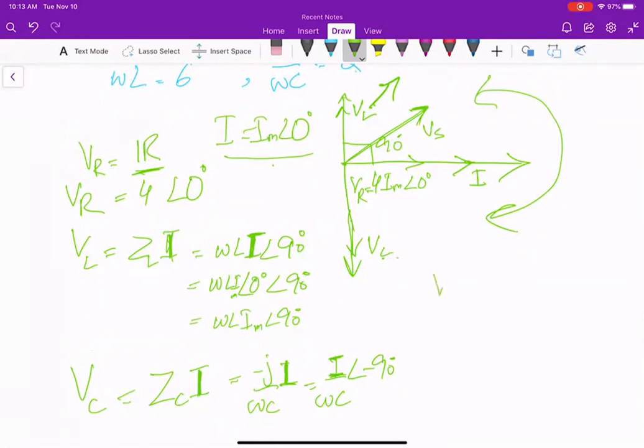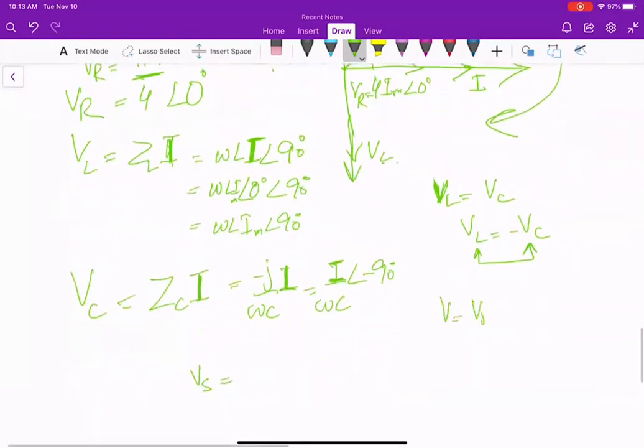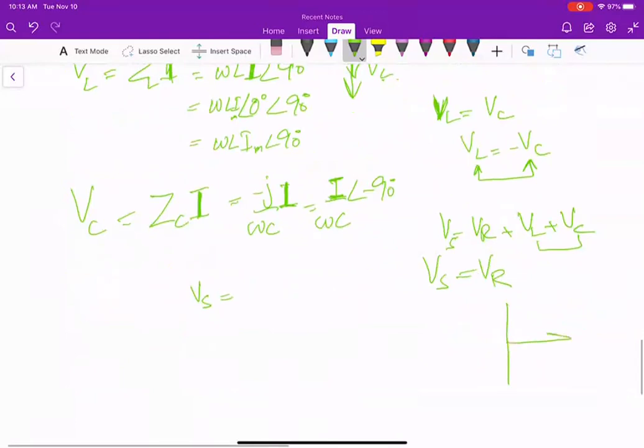And one more thing I want to talk about. Let's say if your VL is equal to VC, right? It can be possible that VL and VC magnitudes are equal, which means VL will be equal to minus VC. So they will cancel out each other. What I'm saying is that if they both are canceling out, then VS is equal to VR, and the phasors VR and VS will be in the same direction. But if your VL is not equal to minus VC, they will not cancel each other.